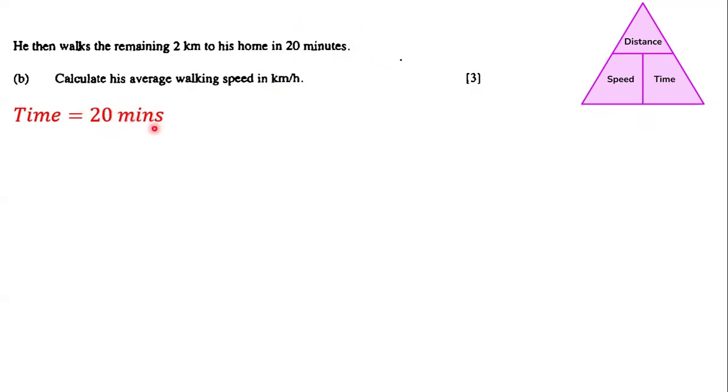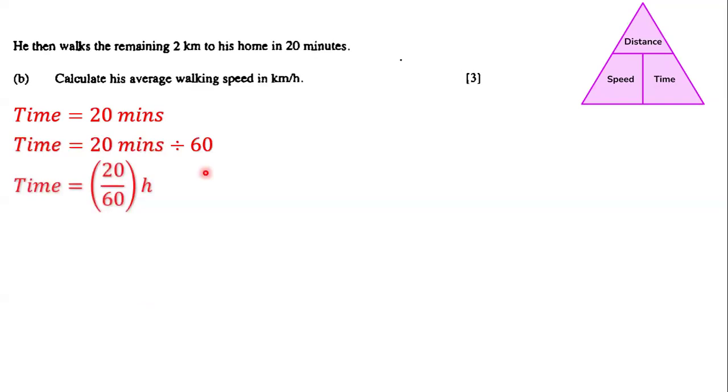And so if we have 20 minutes and want to convert that into hours, we have to divide. So we say 20 divided by 60, which can be expressed as the fraction 20 over 60. When we simplify this fraction, 20 goes into itself once and 20 goes into 60 3 times. So that means that 20 minutes is equal to a third of an hour.